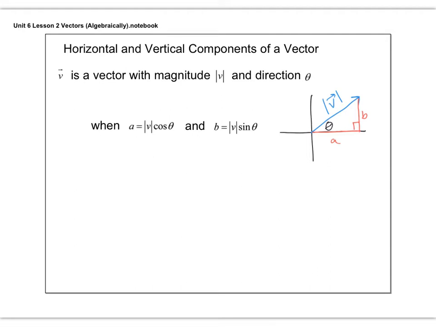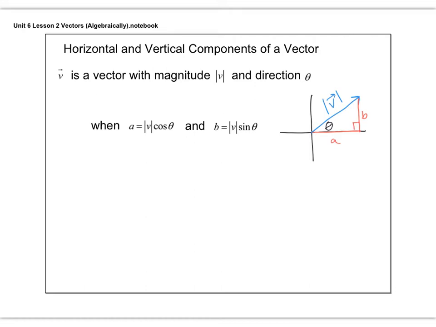So let's say, just like here, I was given the magnitude and the direction of the vector, and I wanted to figure out what is the horizontal and vertical component, or in other words, what's the coordinate at that end point, or that terminal point. So think about your triangle. You have a right triangle. You can do a little SOHCAHTOA here.